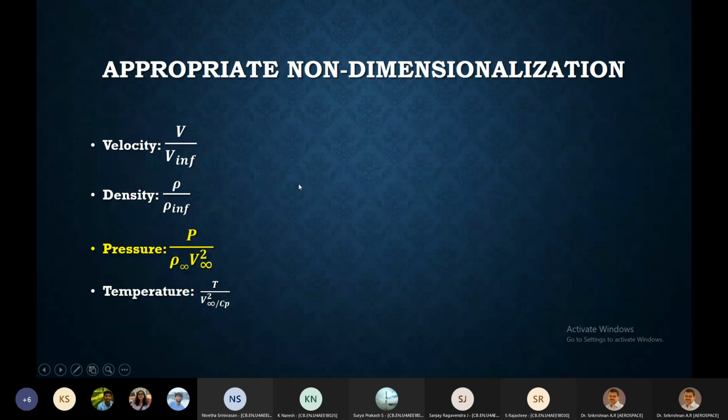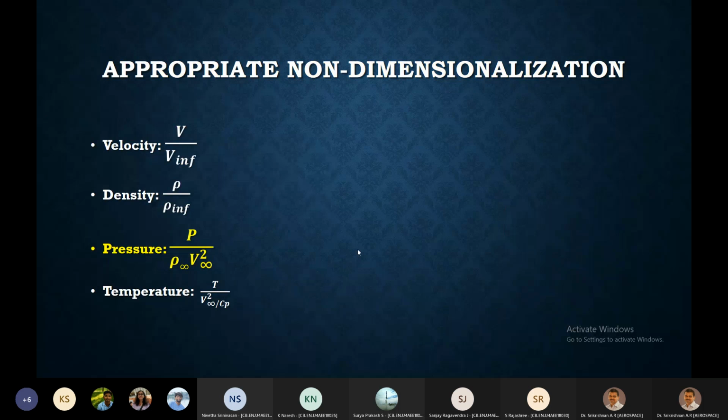Similarly, rho by rho infinity, p by rho infinity v infinity squared for pressure, and temperature was normalized by v squared by Cp. Similarly, x and y were non-dimensionalized by the streamwise length, x by L, y by L, etc. So that is one thing we did. So we had a set of non-dimensionalized governing equations for the problem.